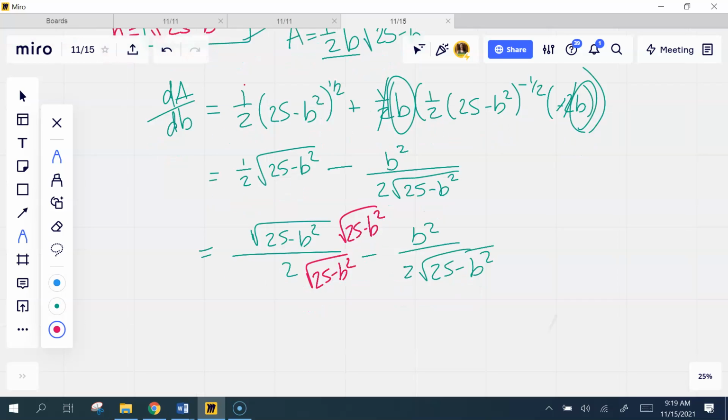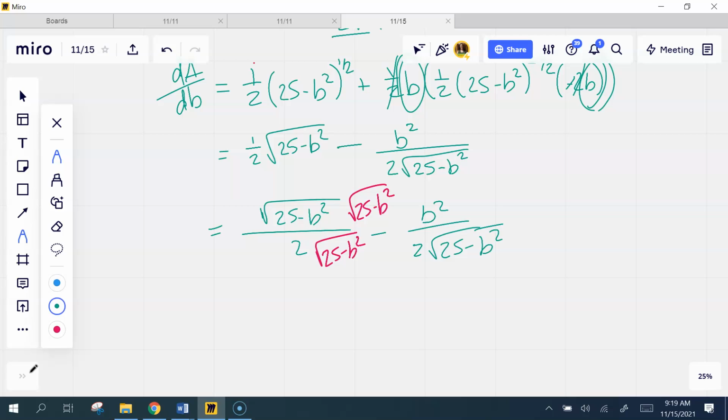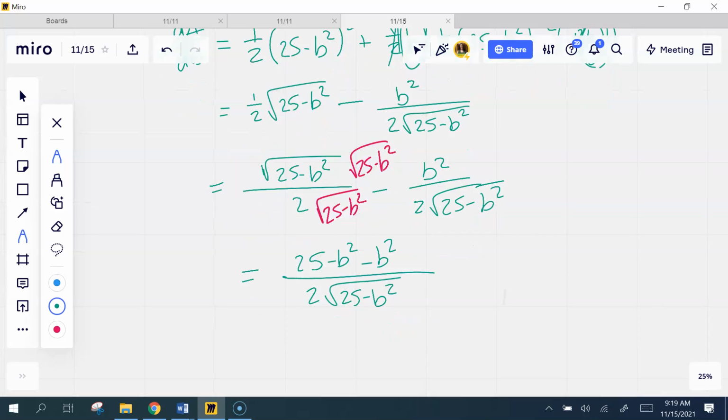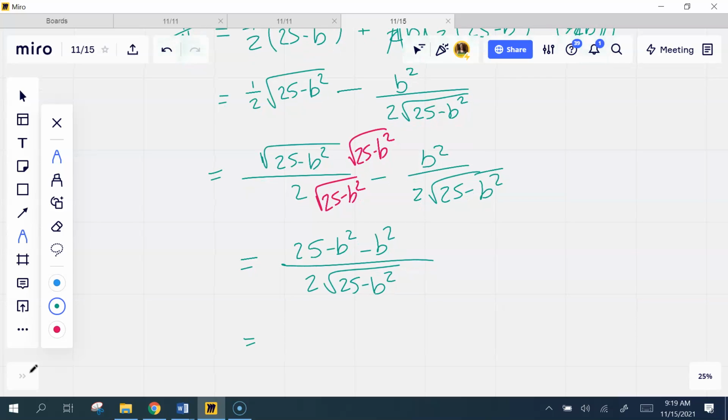That's exactly right, which is going to help me, believe it or not. 25 minus b squared minus b squared, all over, remember, the whole point was so that I could get just one fraction, so that I could combine the numerators. Keep moving along. I've got 25 minus 2b squared over 2 times the square root of 25 minus b squared.